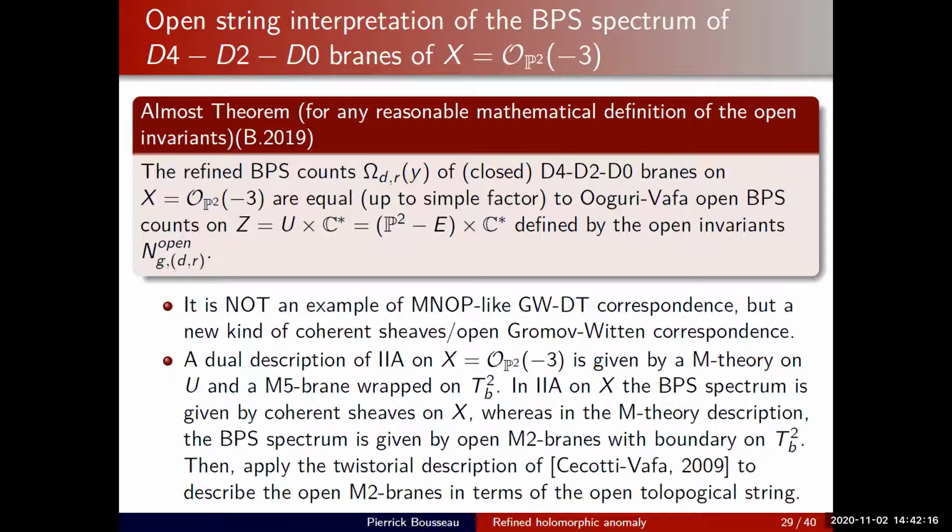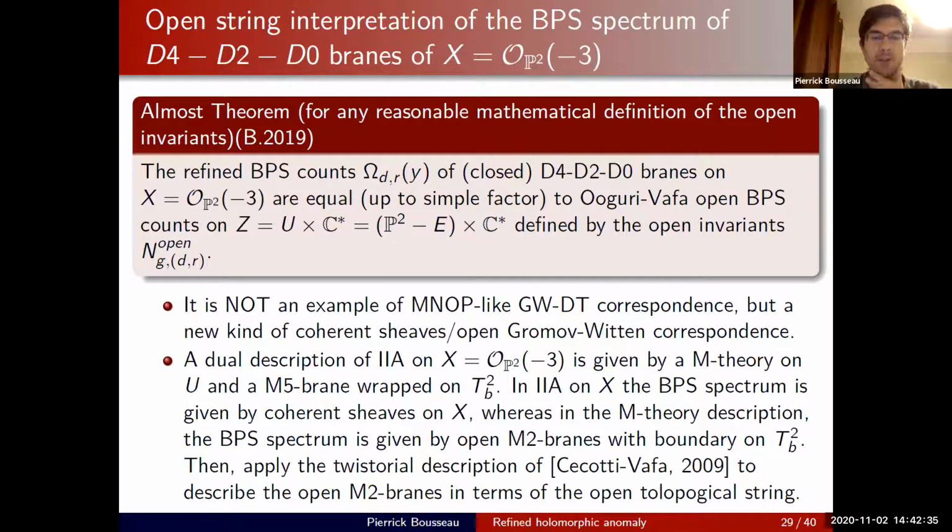Oh, okay, so let me ask a related question. The open invariants that you're defining will only agree with the Nekrasov-Shatashvili partition function if you're studying the point at infinity, right? Exactly. So I should have been more careful when I said the Nekrasov-Shatashvili limit counts D2-D0 states.